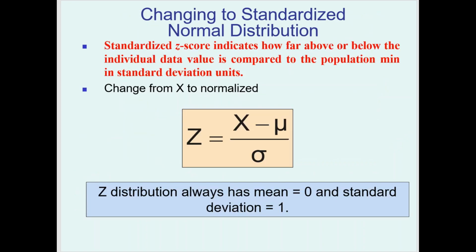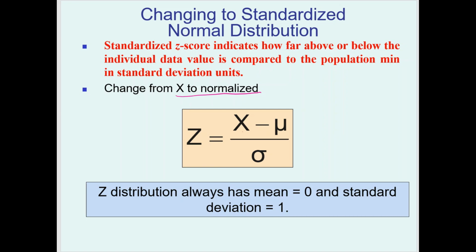Okay, we continue to the next subtopic, changing to standardized normal distribution. Okay, so the standardized z-score indicates how far above or below an individual data value is compared to the population mean in standard deviation units. And that's why when you look at the formula to change from X to standardized normal, you see here this is the Z, standardized normal symbol, equals X minus your mean, divided by, what is this?